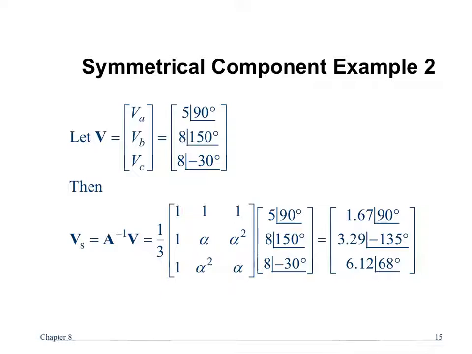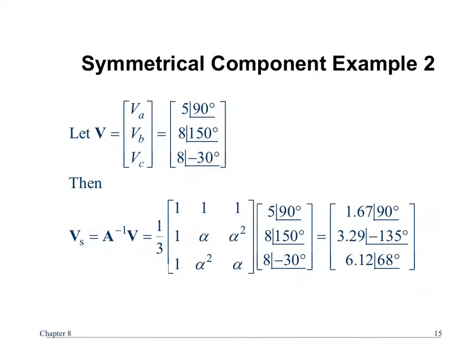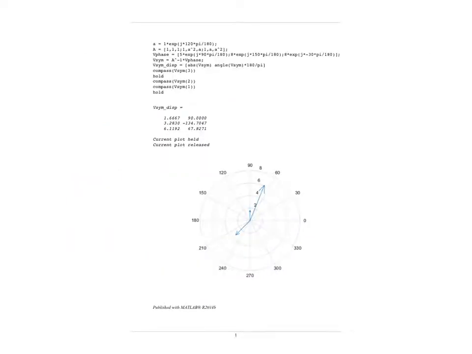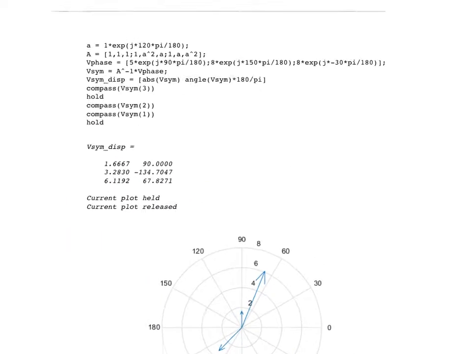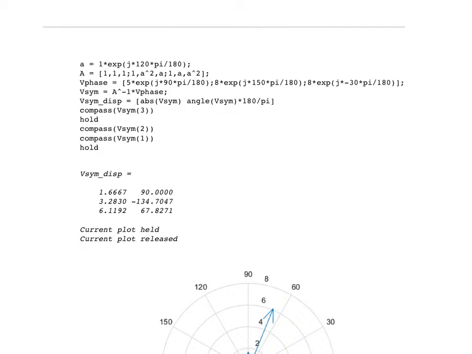So if I want to calculate my symmetrical components, I have a 0, and a 1, and a 2. Those are not the same. Since I'm such a magnanimous person, I did the MATLAB script for you to do this problem.